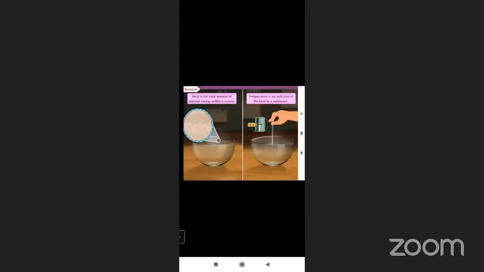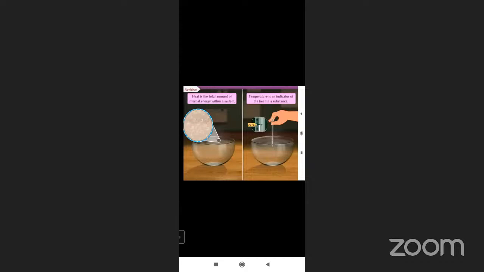Now, if you see, the first question asked is, what is the difference between heat and temperature? So first we'll see this question. Now, heat is what? It is one form of energy. Particles of matter, such as atoms, molecules, etc., possess both potential energy as well as kinetic energy.